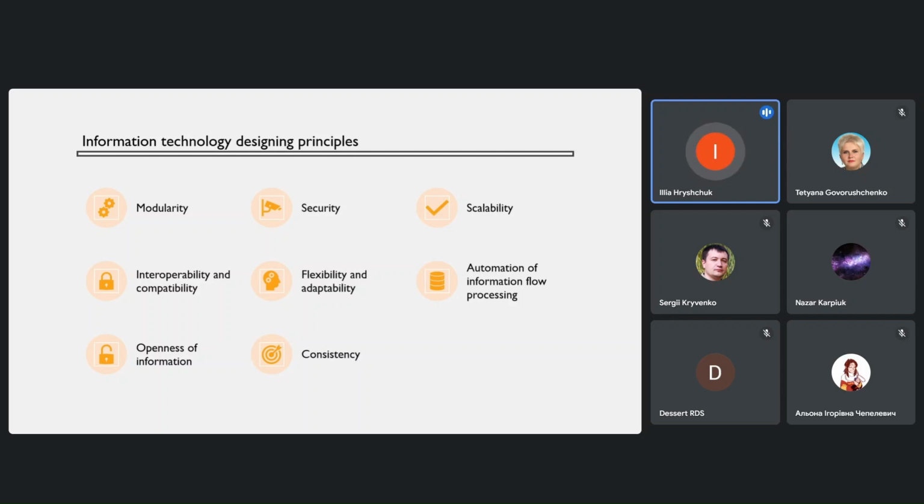One more is the principle of scalability, the ability of technology to grow and adapt to the increase of data without losing performance, and so on.